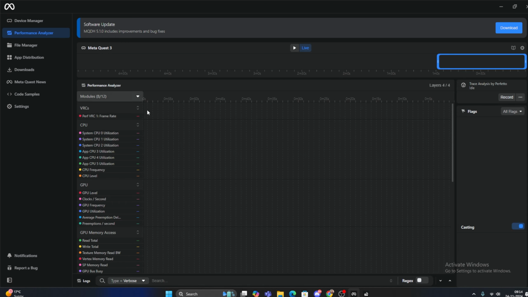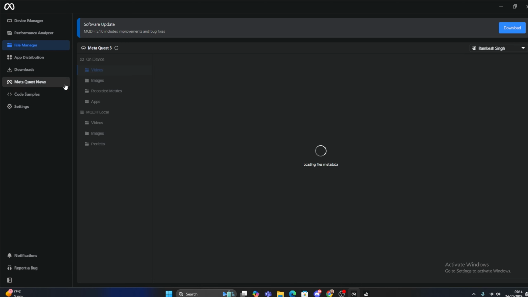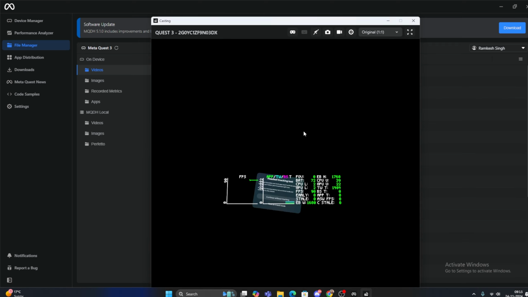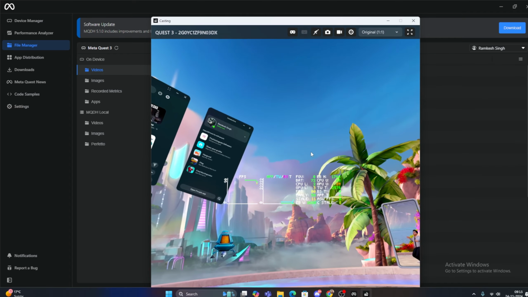You don't have to connect here, but I'm connecting because I wanted to show you what things are visible, how you will get this, and how you can install the application. So let me show you that data.